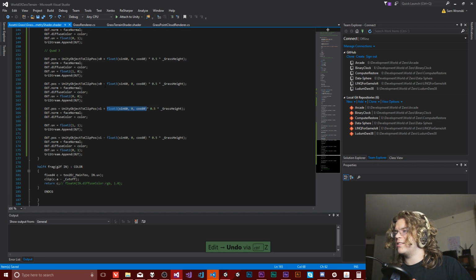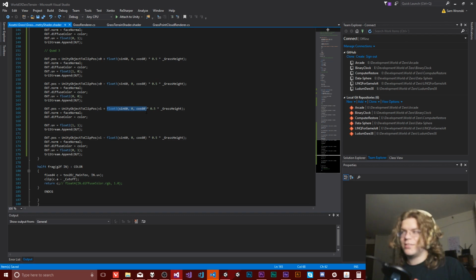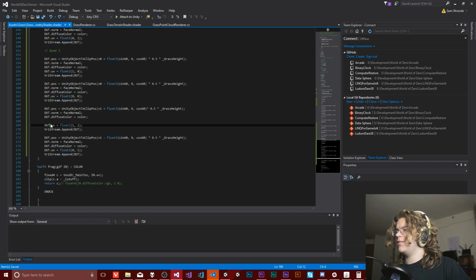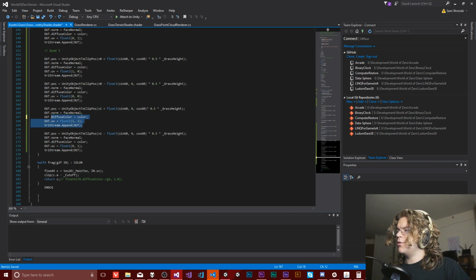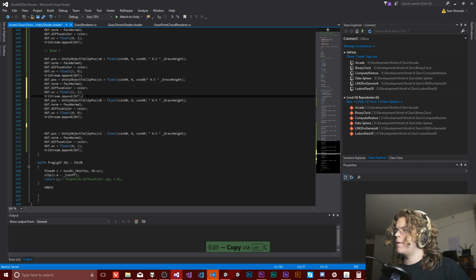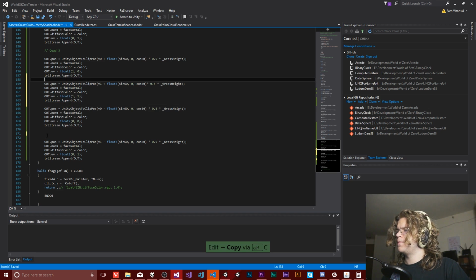So we've got these subtractions and these additions. We need to now turn each of these into separate quads. So this positive side and the negative side, on the other hand, those need to be separate. So I'm actually going to move it up like this.